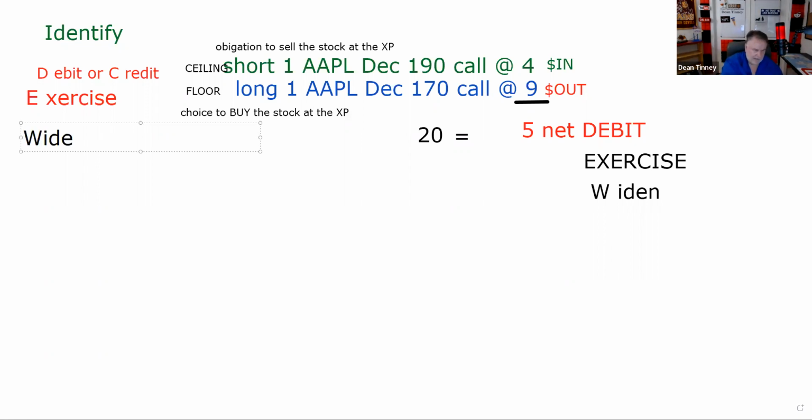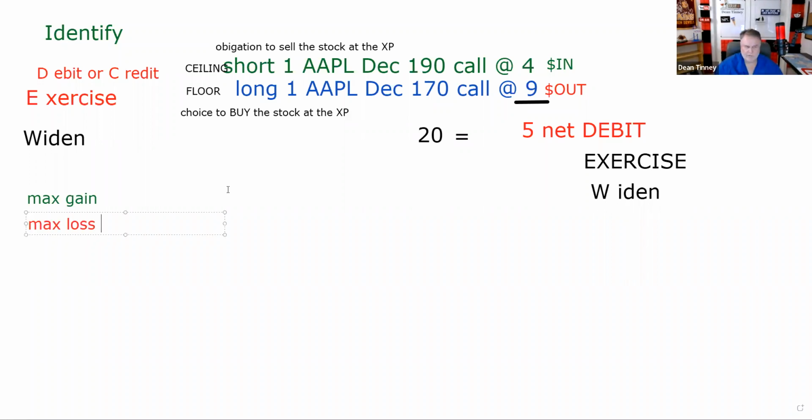Now, the next thing we've got to know is max gain, max loss. One of our tricks is to know that the max gain and the max loss always equals the difference in the strikes. And as you recall, we already have one of these numbers. Of the 2 numbers that add up to 20, we have one of them already.